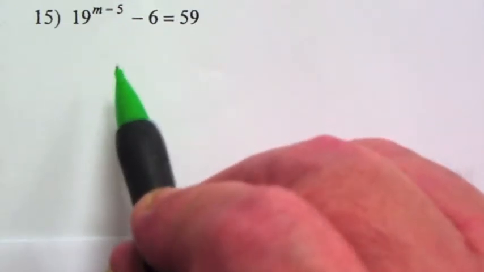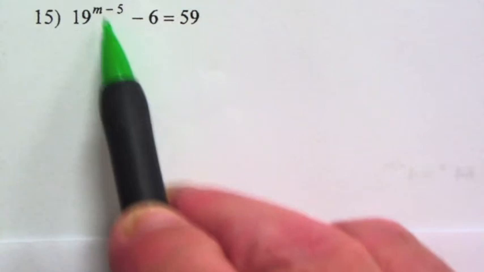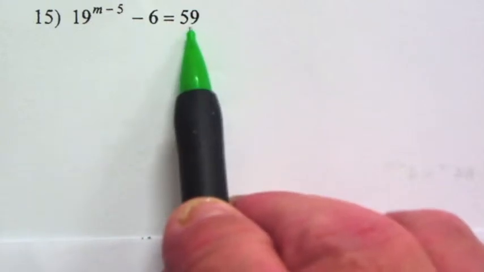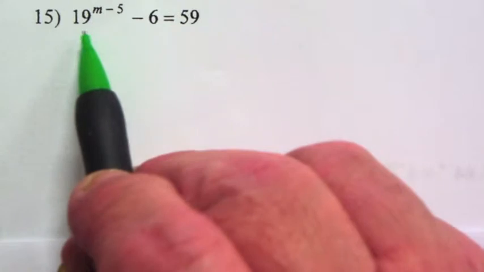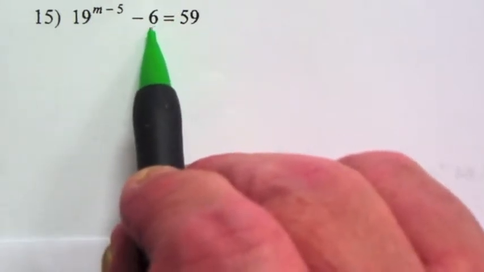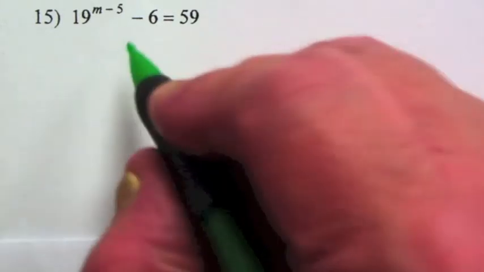Now, first thing I need to do is to get this exponential by itself. And we have minus 6 here, so this looks like it belongs with this over here, which it does. So I'm going to get the exponential on one side by itself and the regular number on the other side with what it belongs to, its cousin, so to speak.